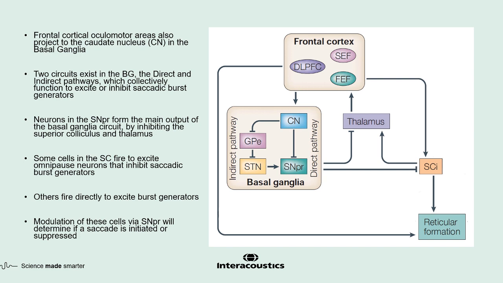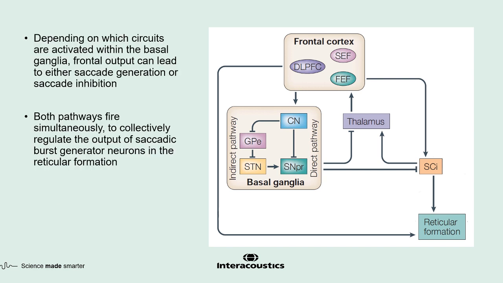Now, some superior colliculus neurons inhibit saccadic burst generators, and other superior colliculus neurons fire directly to excite the burst generators themselves. So modulation of these cells through the nigra is going to determine if a saccade is initiated or suppressed. And so depending on which circuits are activated within the basal ganglia, frontal output can either lead to saccade generation or saccade inhibition.